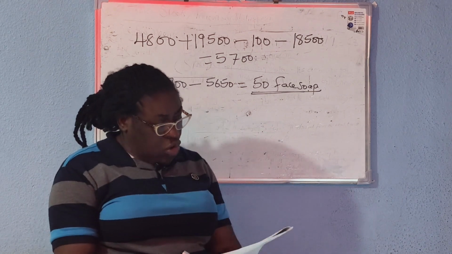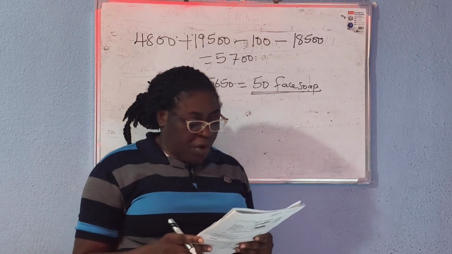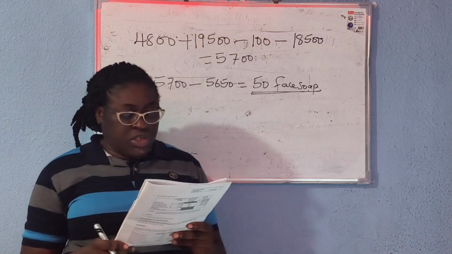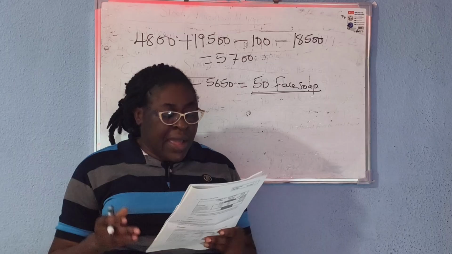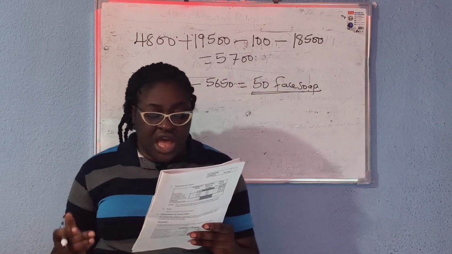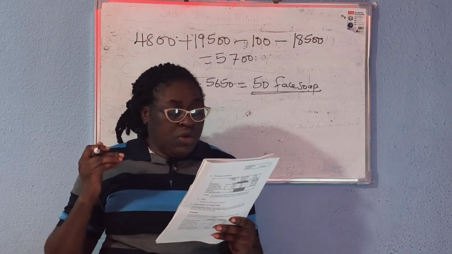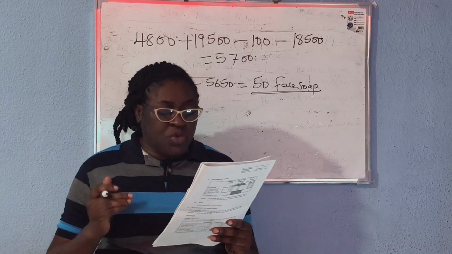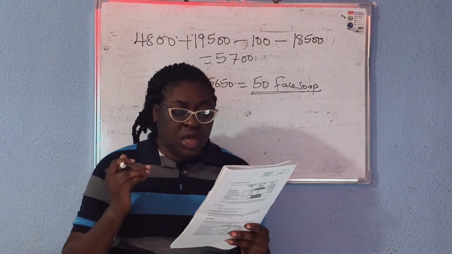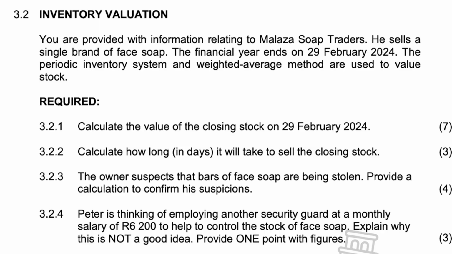And then we look at question 3.2.4. It says, Peter is thinking of employing another security guard at a monthly salary of 6,200 to help to control the stock of face soap. Explain why this is not a good idea. Provide one point with a figure.